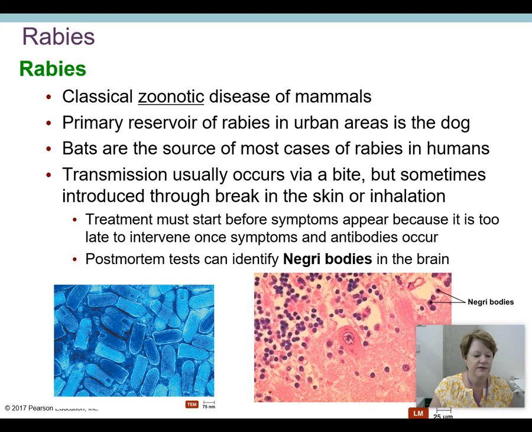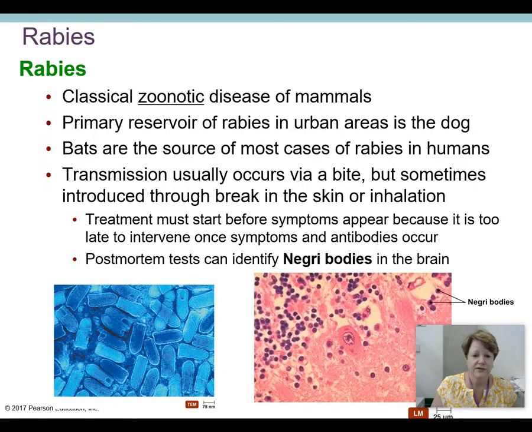And so if you get bit by an animal, if you can bring the animal to the doctor and they can test the animal and be sure the animal does not have rabies, then you don't need treatment. But if you can't find the animal, or you don't know if the animal had rabies, they will give you the treatment, because otherwise there's a risk of death. And so that's the key thing there.